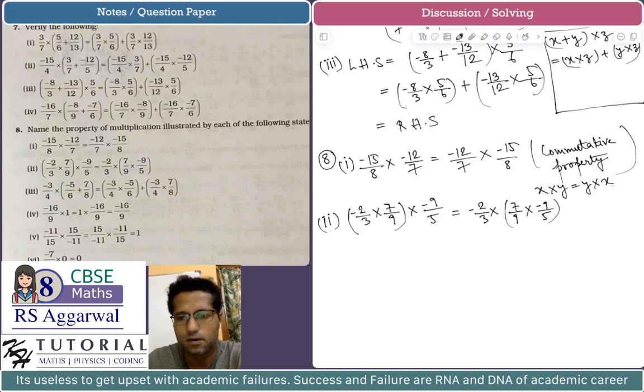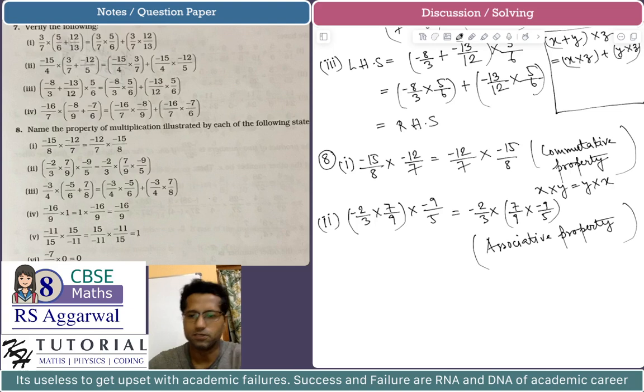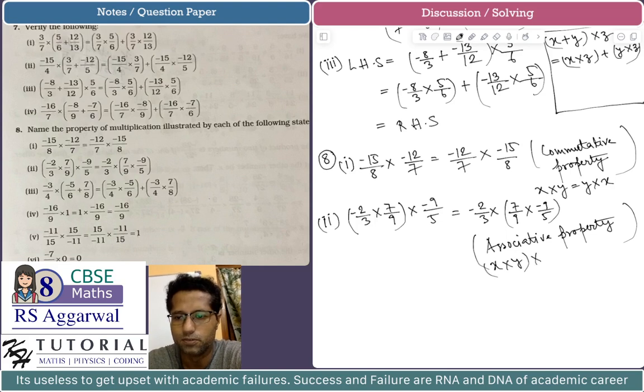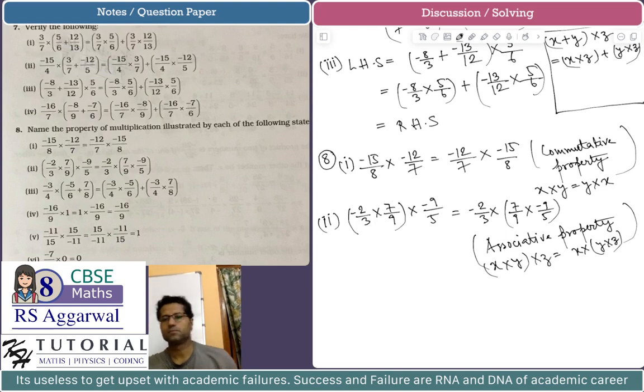This is associative law, or associative property has been used. Associative property of multiplication, that is, x into y, the whole into z is equal to x into y into z. That is, we can change the grouping.